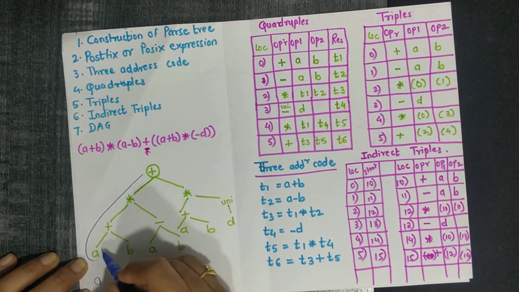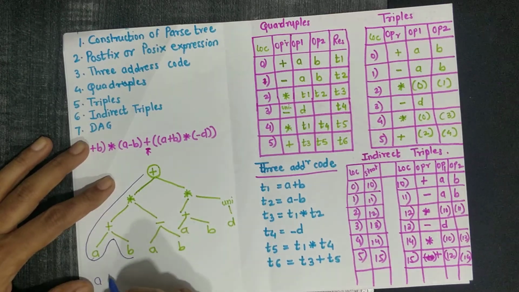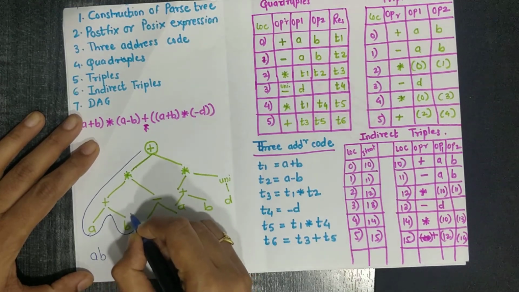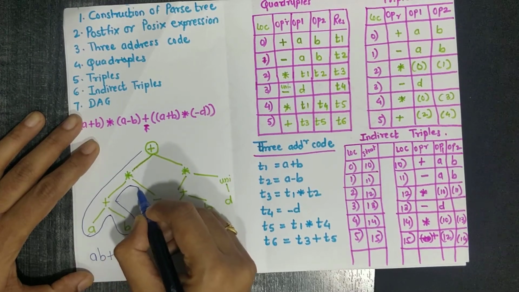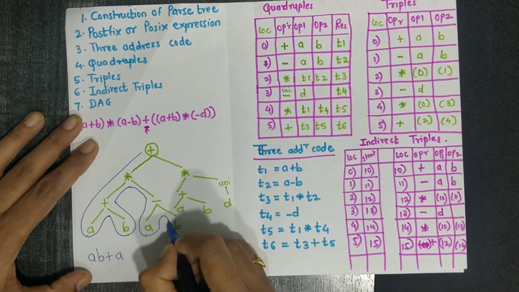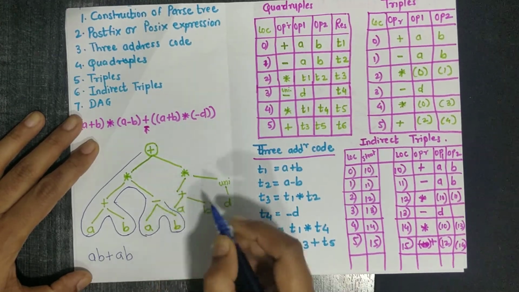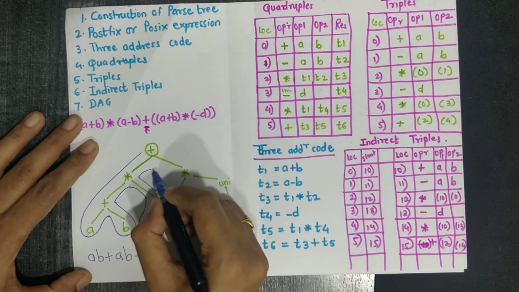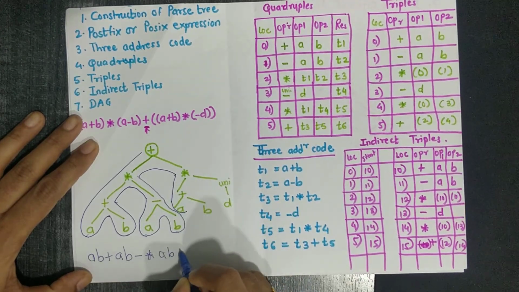You got A. Then you go to the right side, that is B. Then you go to your root node, then on the right side again you go left, that is A, then B, left, right and root node, you go up, that is minus, then up, then star, then you go to the rightmost: A, B, plus.